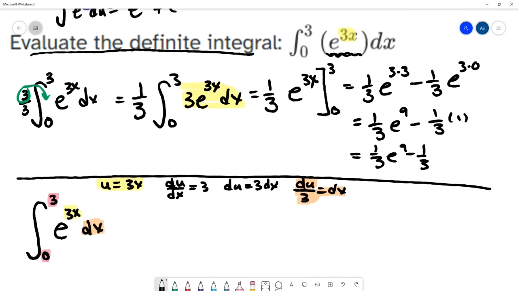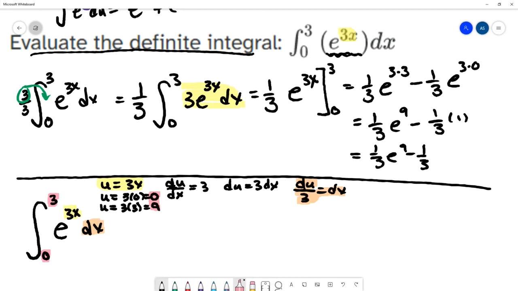So for x equals 0, u would equal 3 times 0, which is 0. And for x equals 3, u would equal 3 times 3, which is 9. So I'm going to change those bounds to 0 to 9.